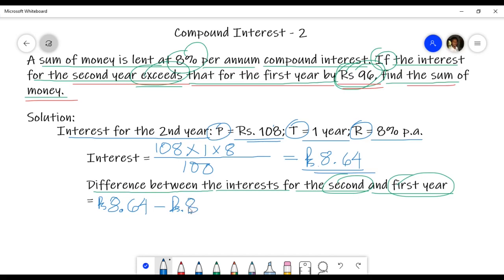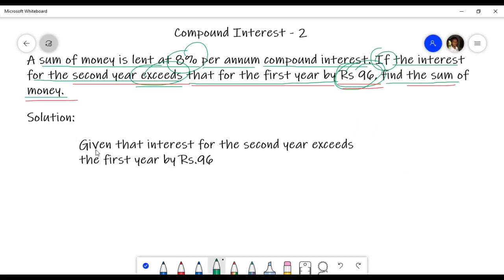We have found that the interest for the second year is 8 rupees 64 paise and the interest for the first year was rupees 8. When we subtract, we will get the answer as 64 paise. So the difference between the interest for the second and the first year is 64 paise.